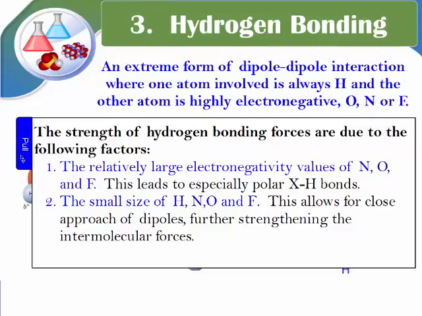Also, for dipole-dipole to be strong, we wanted small ions or small atoms. H, N, O, and F are all very, very small, therefore strengthening that attraction. So a hydrogen bond is a special kind of dipole-dipole attraction because it's such a strong dipole-dipole. So it's in a separate category.